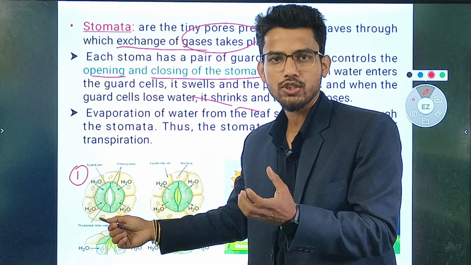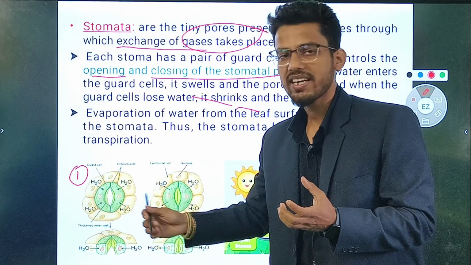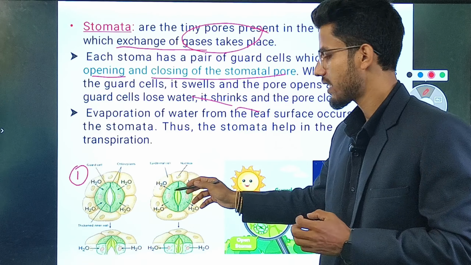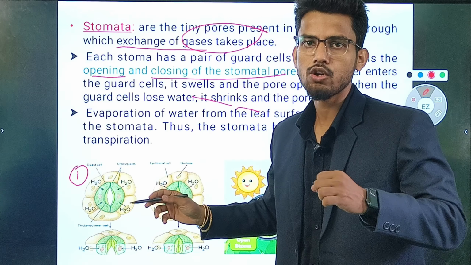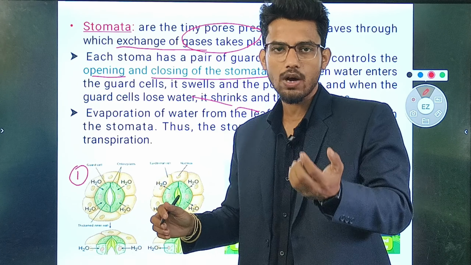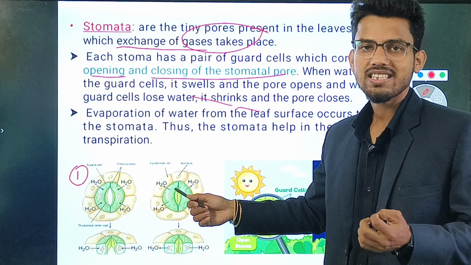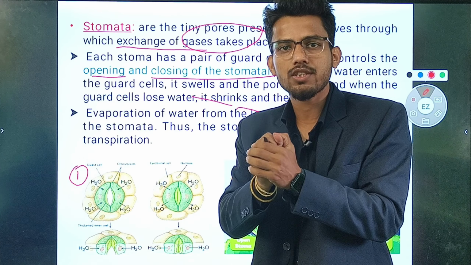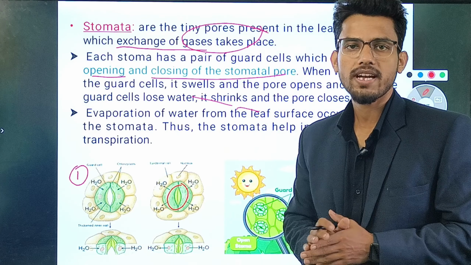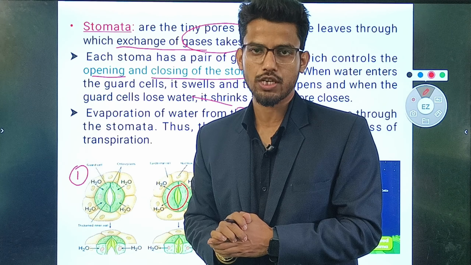After it swells up, the stomatal pore also gets open. However, if the particular leaf is in the scenario of losing water, the guard cells will again remain in the shrunk position, and in that scenario we can see the stomatal pore in a closed position.